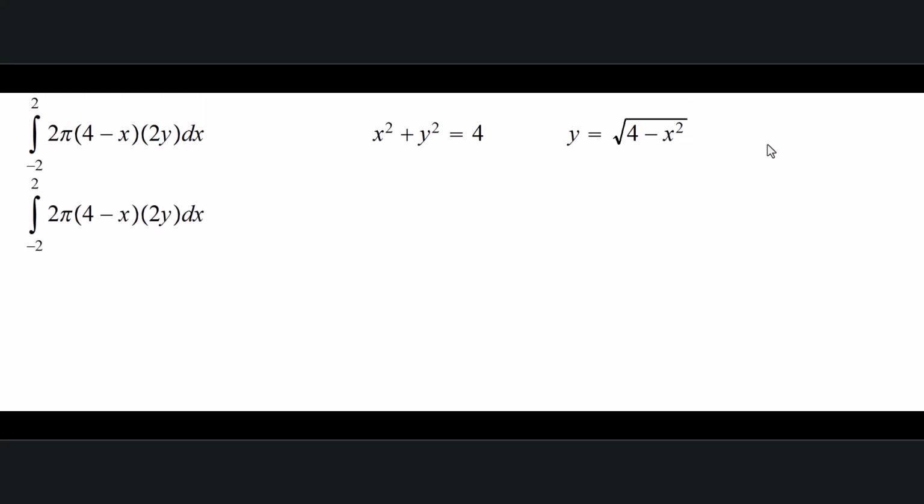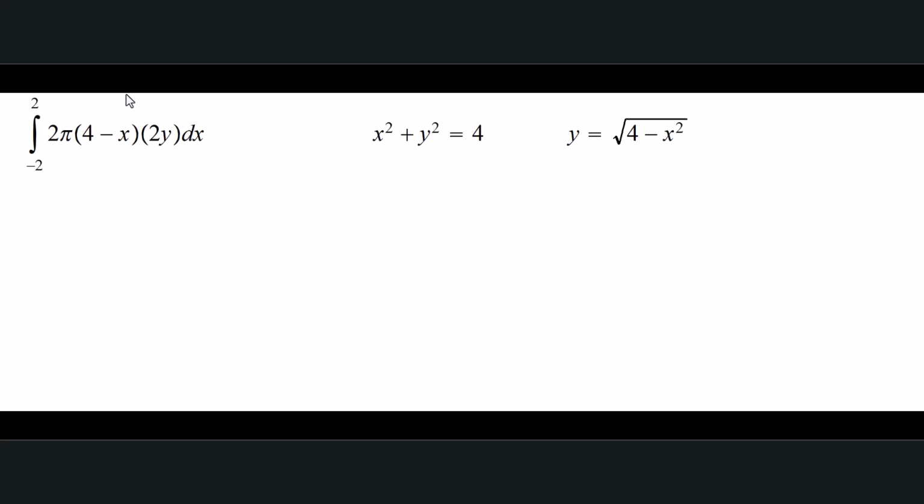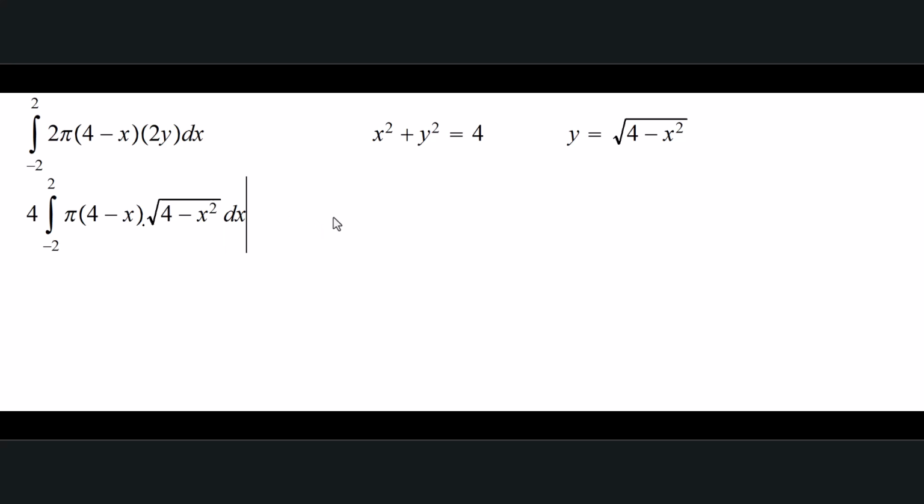First of all, I'll take this 2 times 2 out as 4 outside. So this is 4, and y we are writing as the square root of 4 minus x squared. When we do that, we can write it as a sum of two integrals.